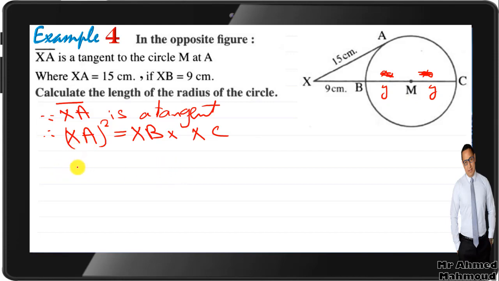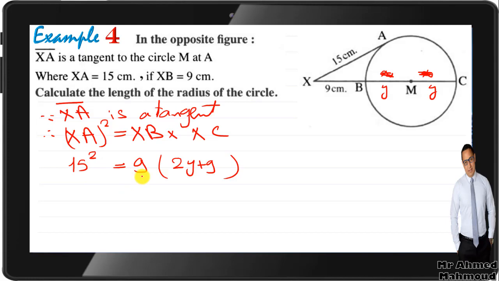Okay, XA to the power of 2, 15 to the power of 2, equals XB, which is 9, times XC. Here BC equals Y, and this is 9, so XC will be 2Y plus 9. Now I'm going to evaluate 15 to the power of 2, which is 225.